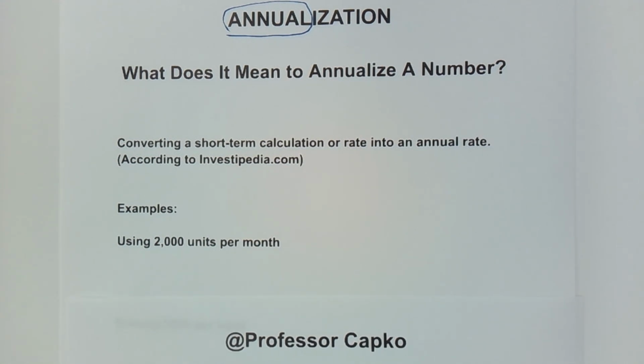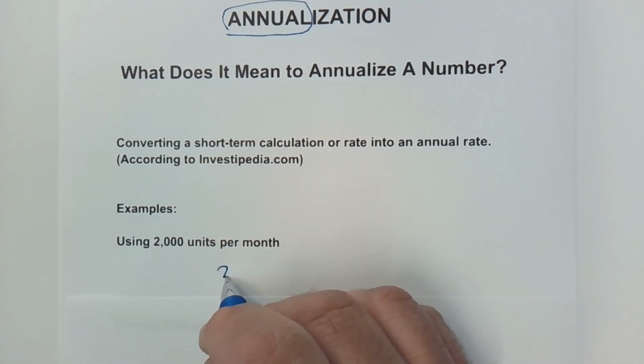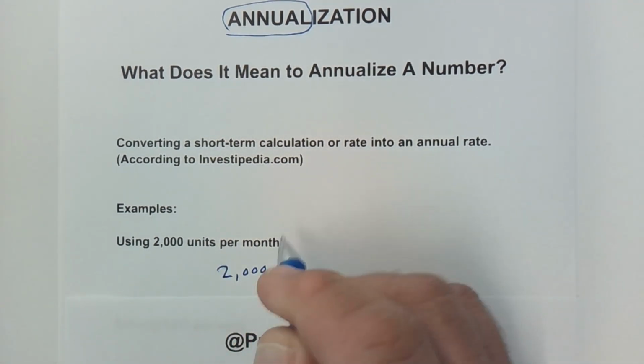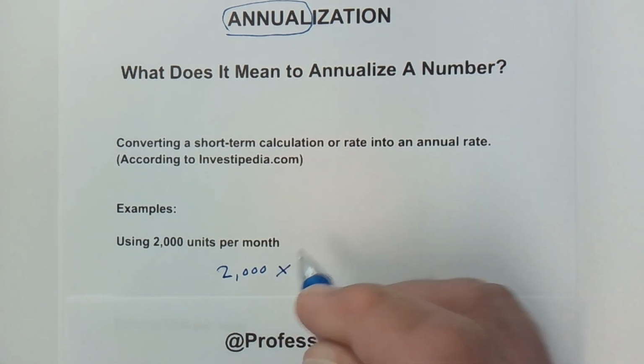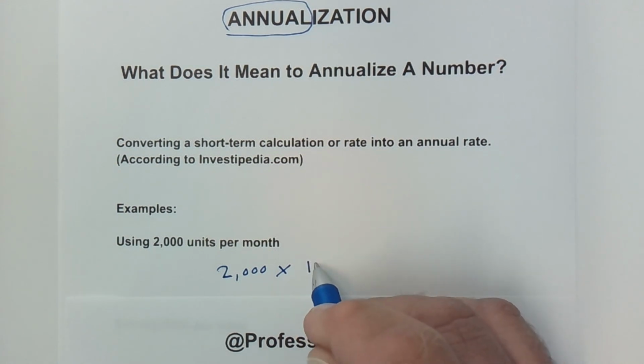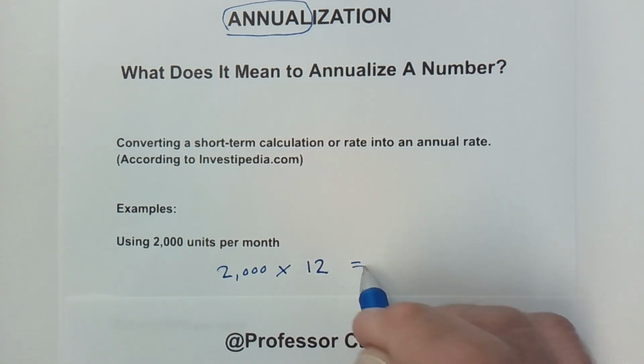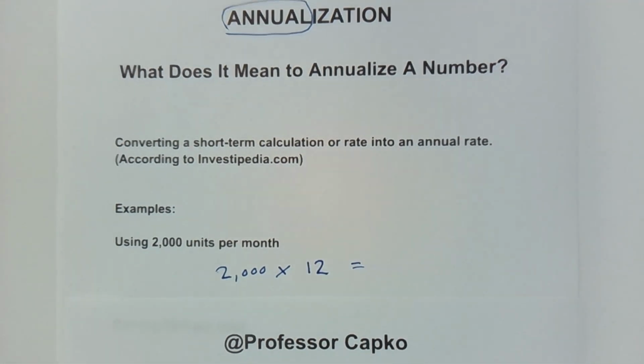Well, what does that mean? That means we're going to find out how many units are used in a year. So if we have 2,000 units per month, and we know there are, of course, 12 months per year, I'm going to multiply by 12 to get the number of units per year.